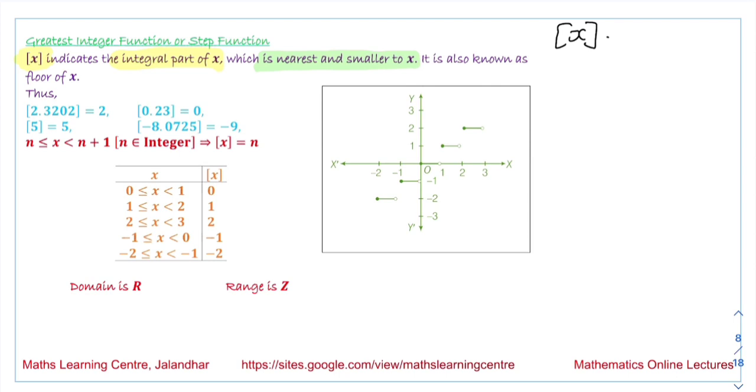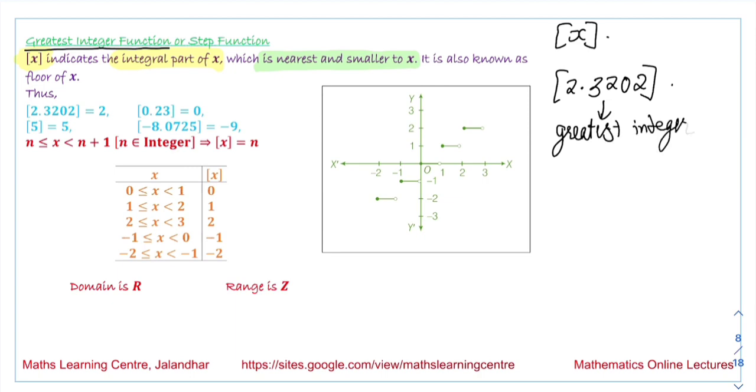So we are saying, when we are talking about the greatest integer function of, say, the value we are calculating, 2.3202, this is the greatest integer less than equal to 2.3202.